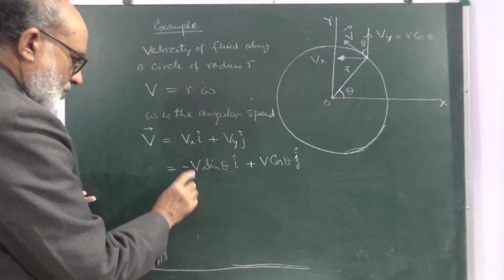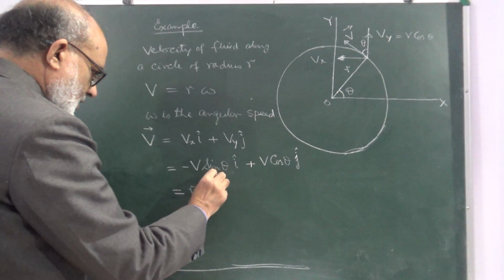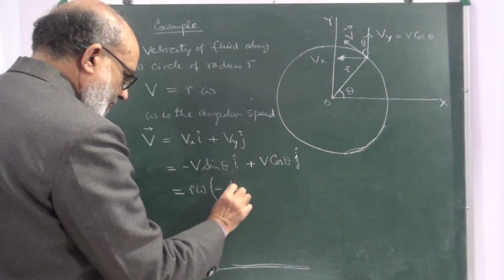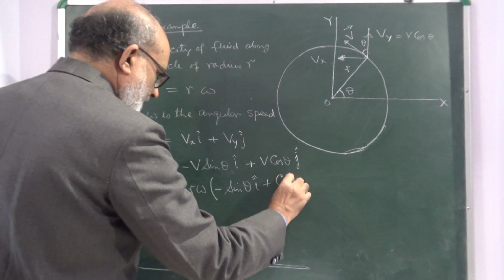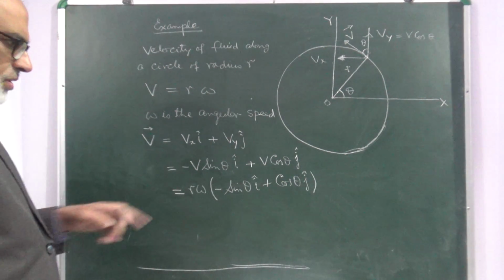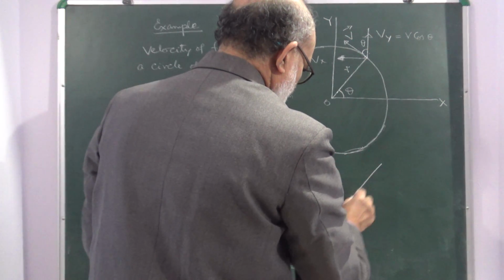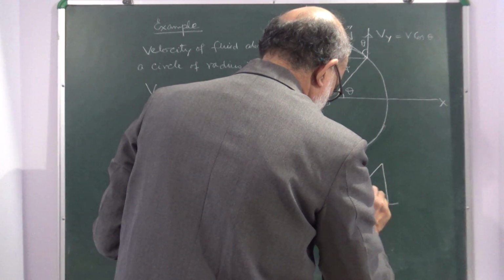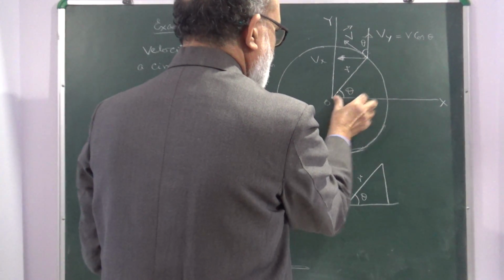Now, the magnitude of v is given by r omega. So it is r omega, taking the v outside the bracket, r omega times minus sine theta i plus cos theta j. Now what is sin theta? If you take this, this is theta, this is r, this is r. This is x, this is y.